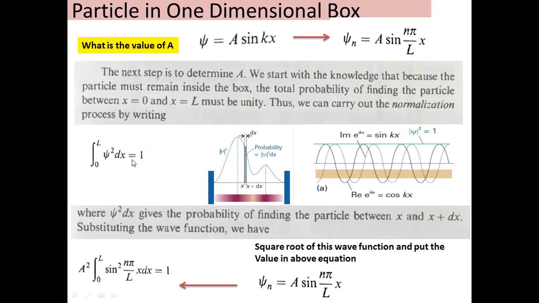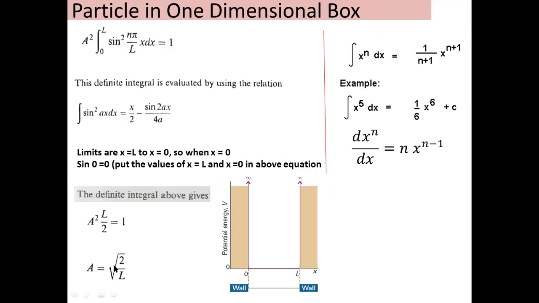In a very simple way, there is not much difficulty in understanding this behavior, and this is a very simple equation. I am just replacing the value of the psi in this equation after getting the square, and then this equation will become like this equation.